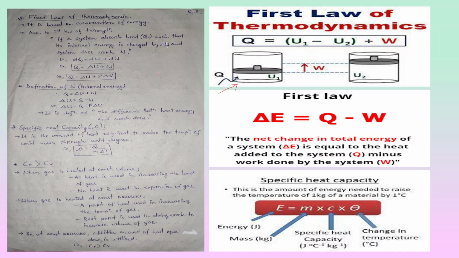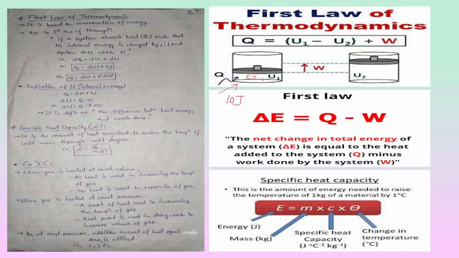And due to that the system does some work. That means however much energy or heat we give, that much energy is distributed to increase the internal energy and to do some work. That means if we put 10 joules, then this 10 joules is distributed to increase internal energy.